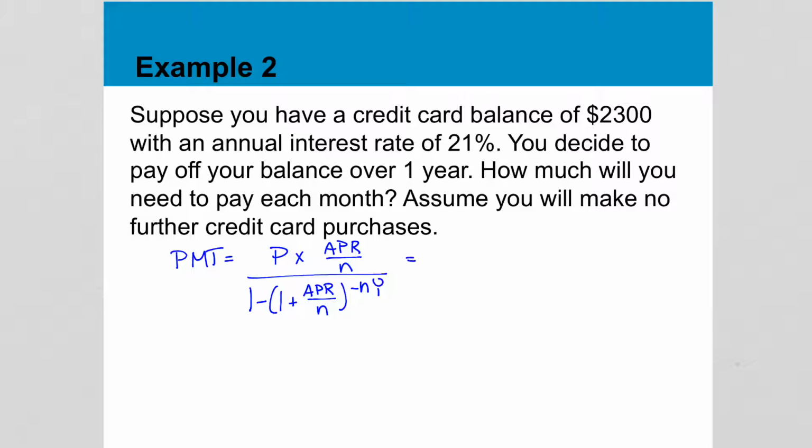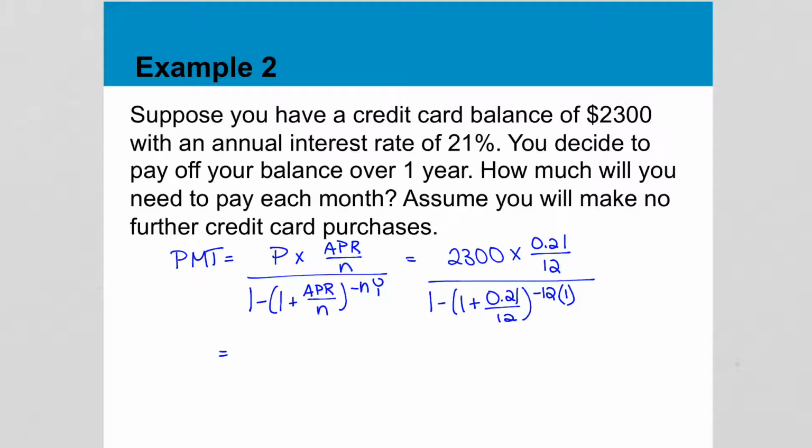Okay? So we plug in, our principal amount is $2,300. The annual rate, 0.21, 12 times per year, 1 minus 1 plus 0.21 divided by 12 to the negative 12 times 1 year. Reduce that a little bit.